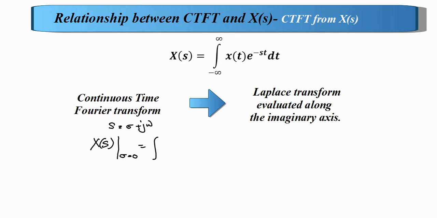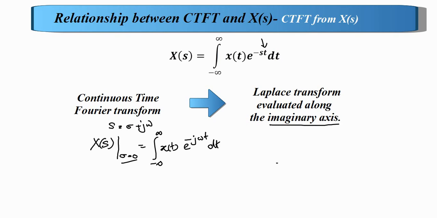If the variable S is defined as sigma plus j omega, you can write the integral from minus infinity to infinity of x of t. If sigma is equal to 0, the remaining term will be e raised to minus j omega t dt. In this equation S is equal to sigma plus j omega, and sigma is equal to 0. That's why it is mentioned as the imaginary axis.